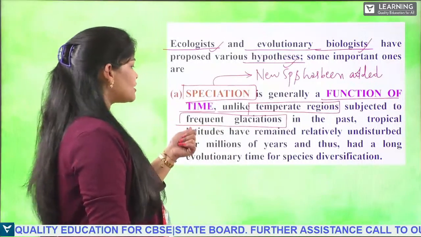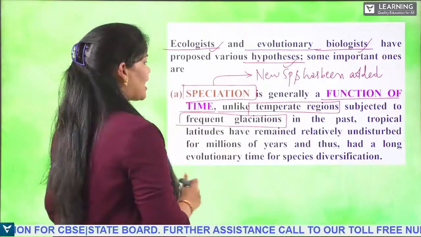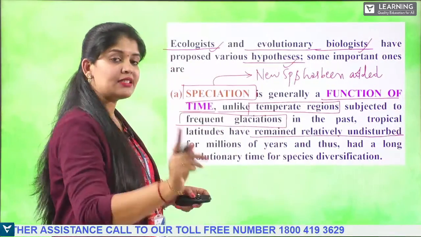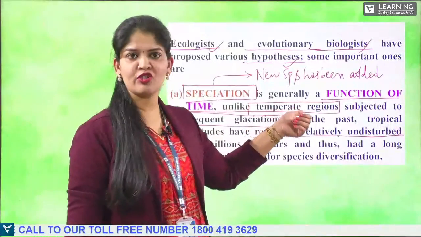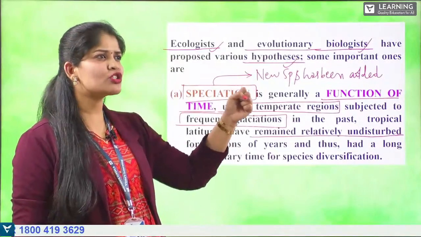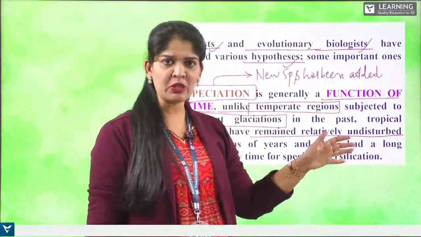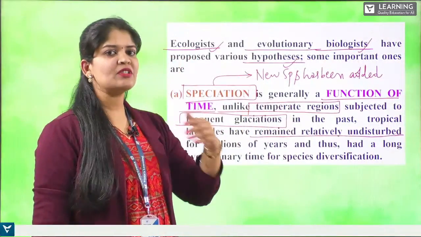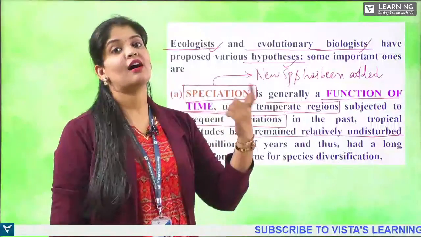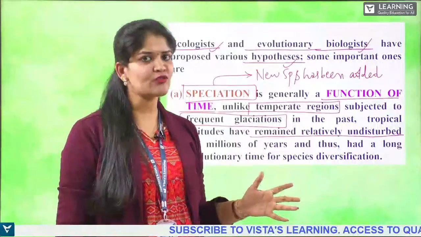In the past, tropical latitudes have remained relatively undisturbed. Disturbed conditions can be seen in temperate regions, and due to these disturbances there is no chance to maintain a constant environment. As disturbances happen, there is less vegetation, that means less diversity of species.